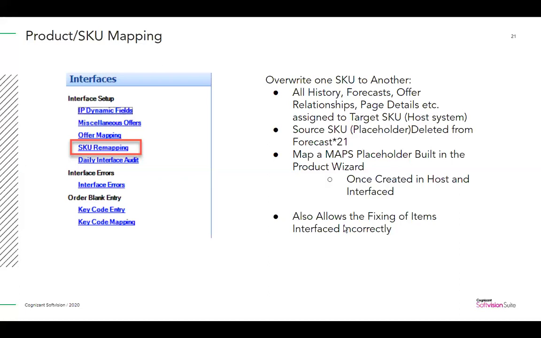You can do that through SKU remapping. One of the things to call out is that when items are interfaced incorrectly, they typically error out, and usually we recommend you contact tech support and your CSC to make sure you know exactly what that error is, and then we can give you the appropriate direction to correct the issue.